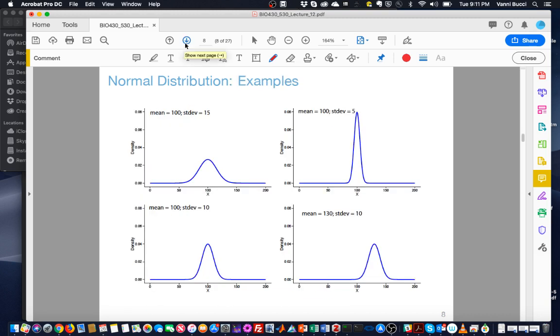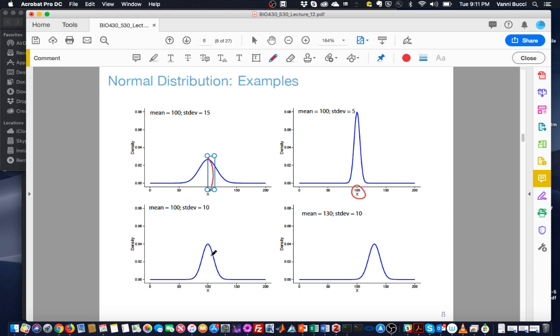Just to give you an idea, a very simple example of the normal distribution: same mean but different standard deviation. We see that the distributions are peaked at the same value, but the spread is different. Higher standard deviation means a more spread distribution and a lower height for your peak.